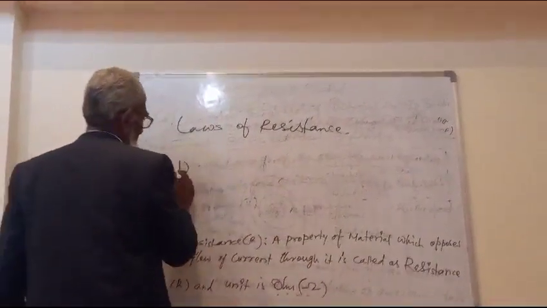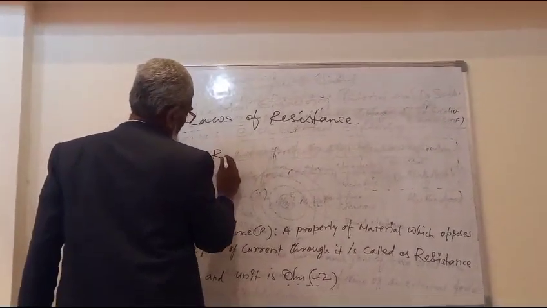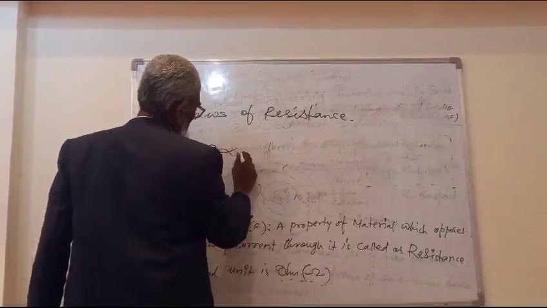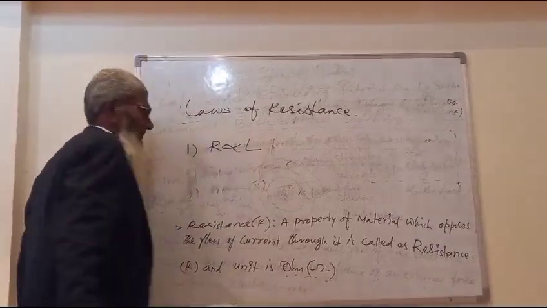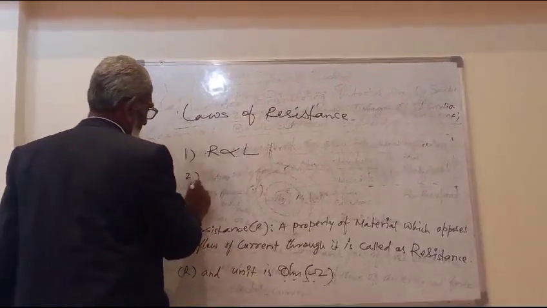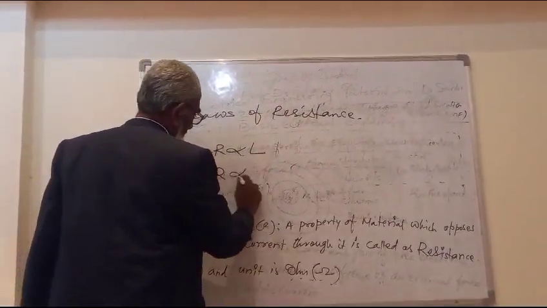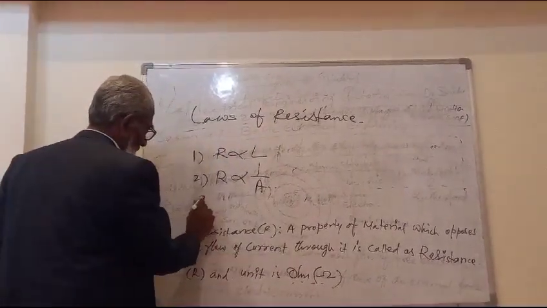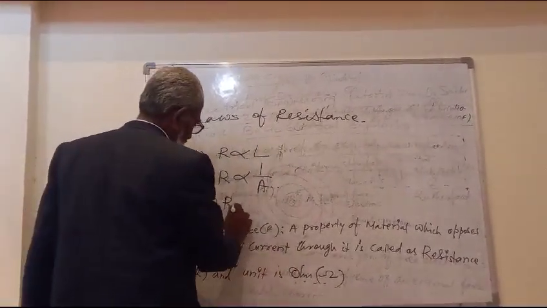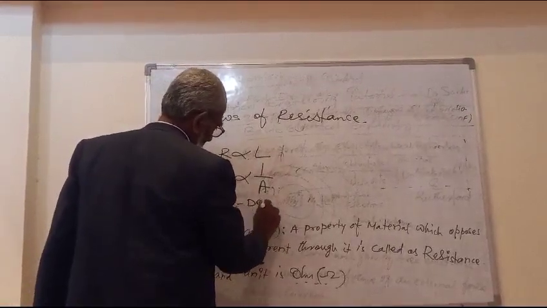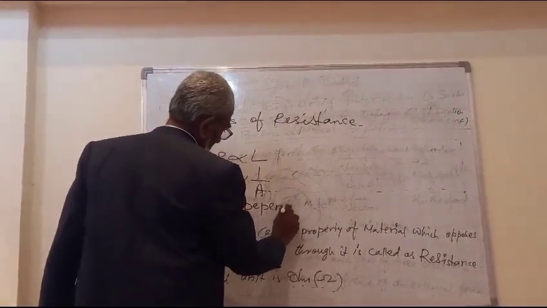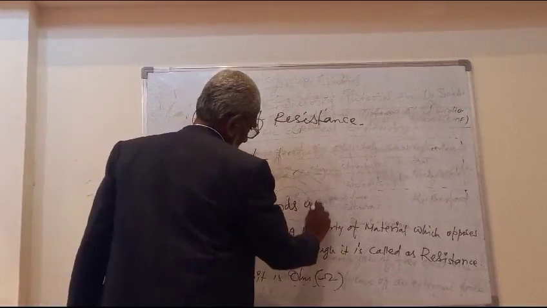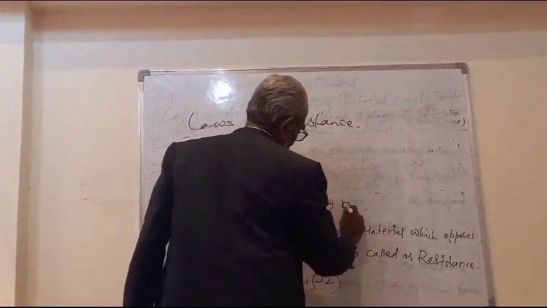One is resistance is directly proportional to length of conductor. The second one is resistance is inversely proportional to area of cross section. Third is resistance depends upon nature of material.